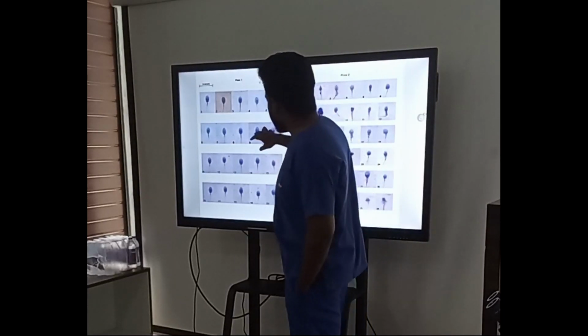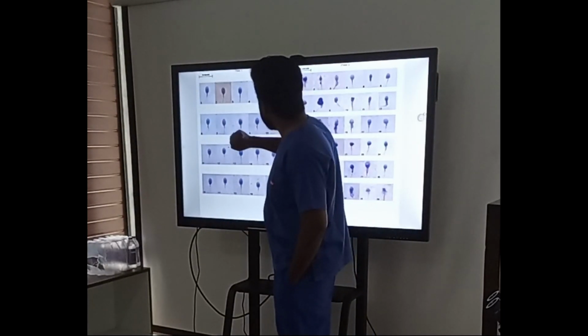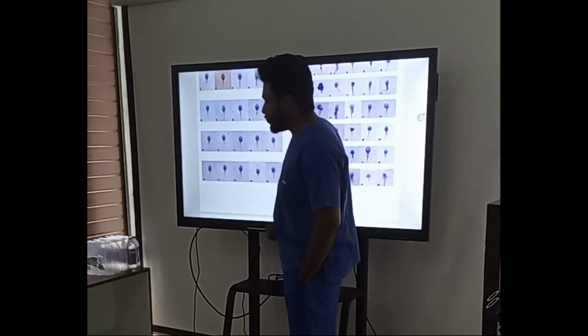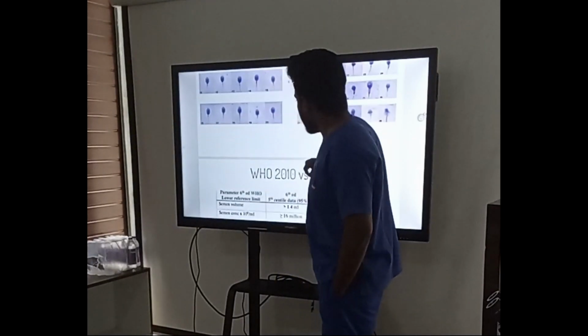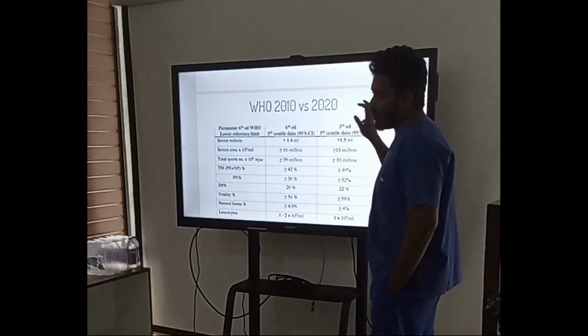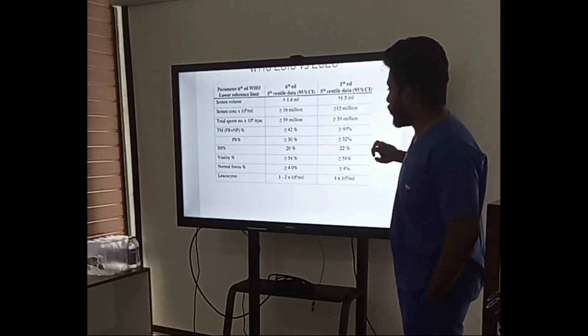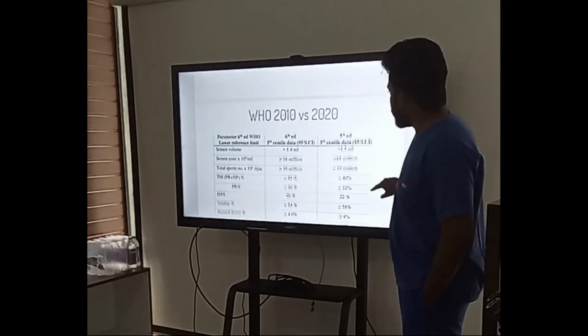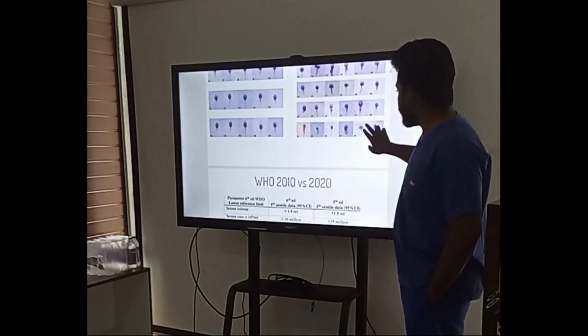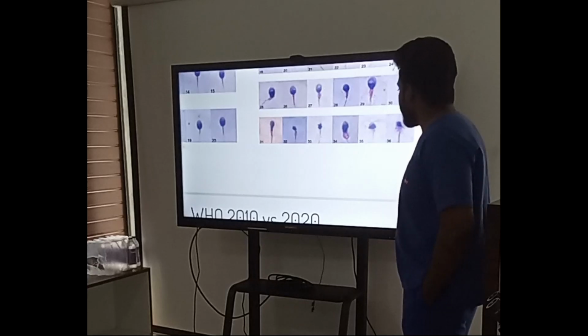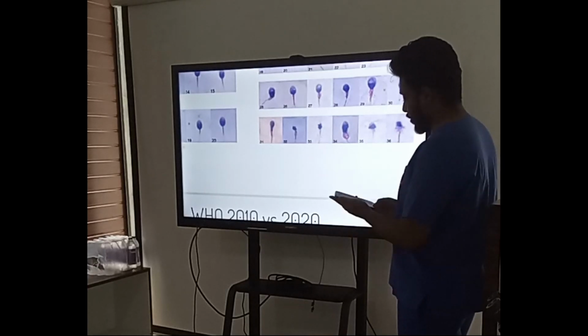So for me, the normal form is this. So you will have that kind of assessment in your WHO manual where you can assess yourself whether you are doing a proper morphology assessment or not. So here you will have multiple defects as well, where you can see a bulging of midpiece and pyroform head defects.